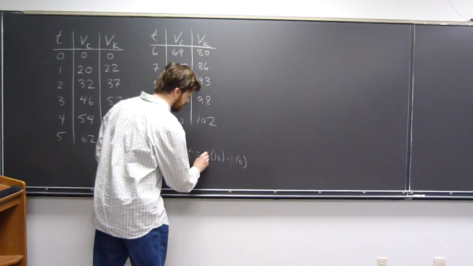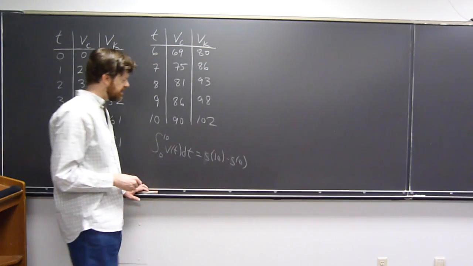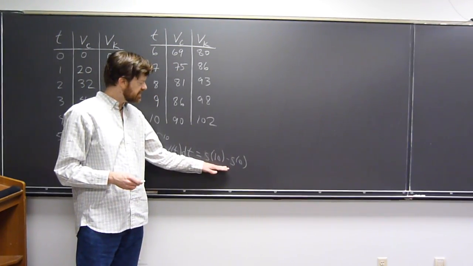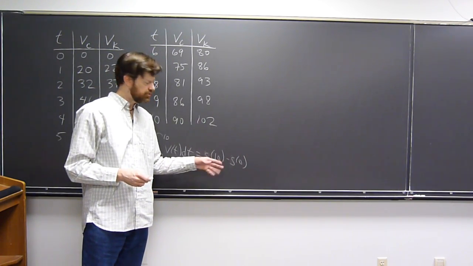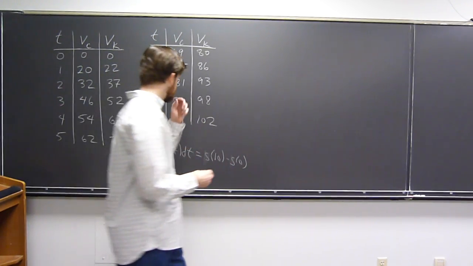Sometimes we use P, you might see P also. The position at 10 seconds minus the position at 0 seconds. So it gives us the net distance traveled, or the displacement.